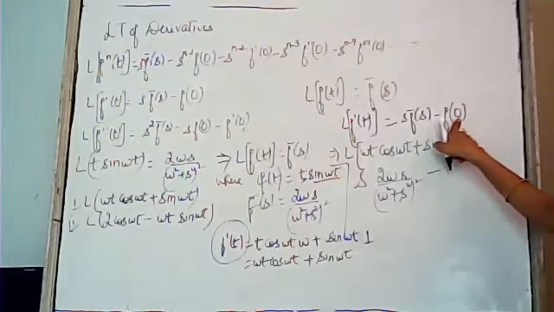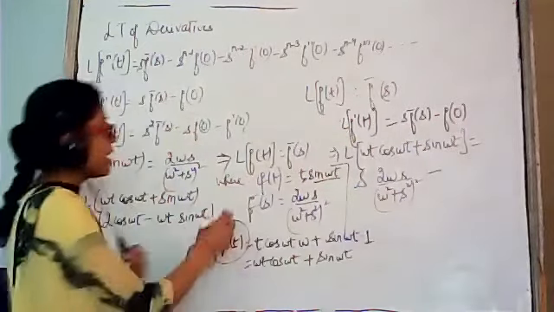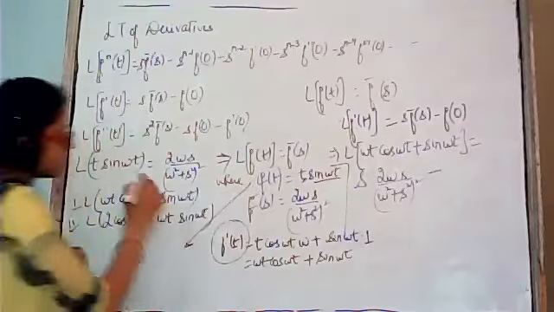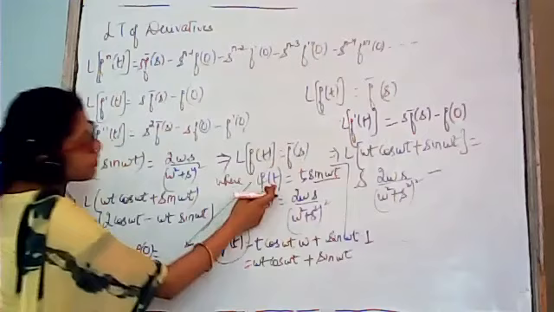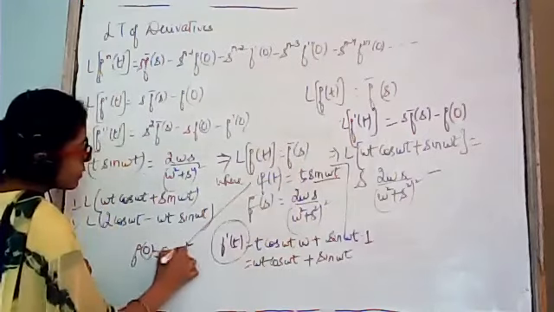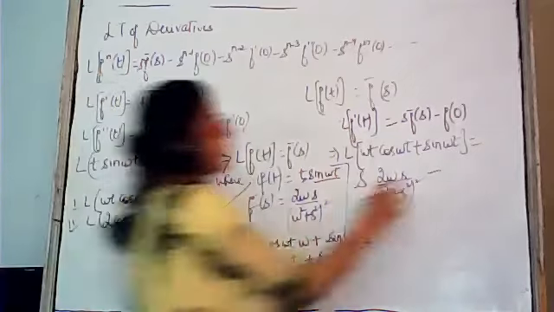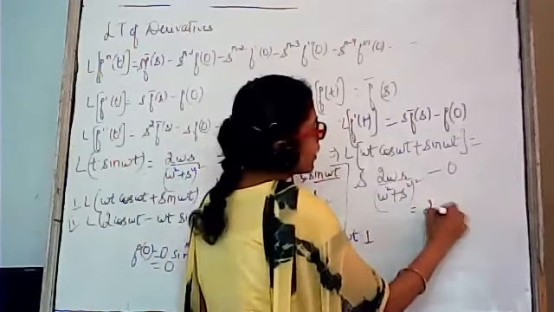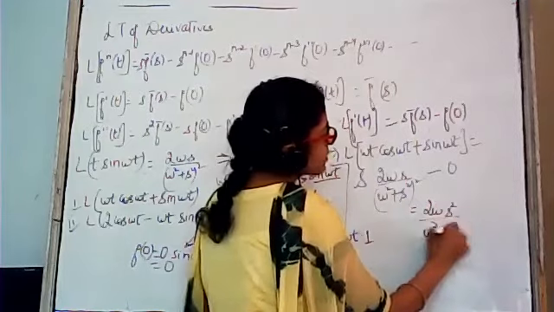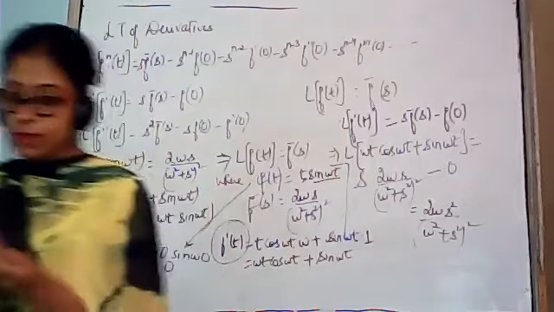We need the value of F of 0. F of 0 will be, we have F of t as t sine omega t. So F of 0 will be, substitute 0 in the place of t. It will be 0 sine omega into 0. It will be 0 minus 0. So it is equals to 2 omega s square upon omega square plus s square the whole square, which is our required result.